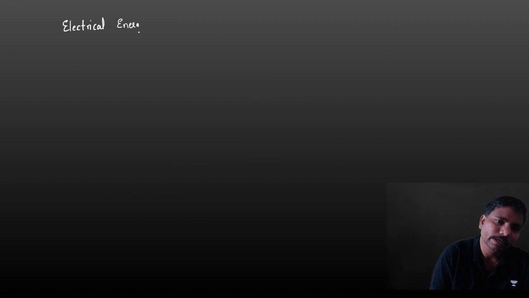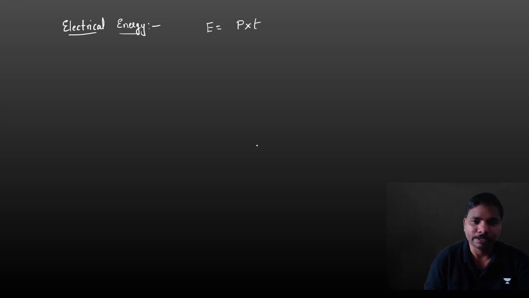After this, electrical energy. So note down the electrical energy. Energy is nothing but power into time. If you have consumed the power within this particular time, then you have consumed that much electrical energy.